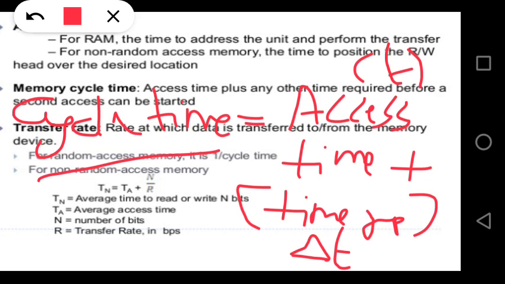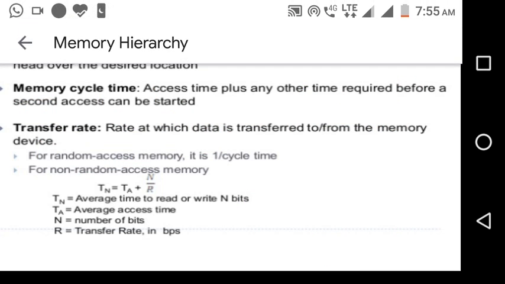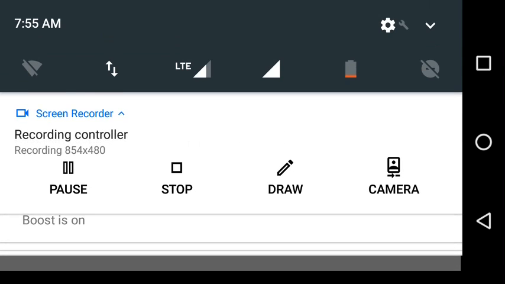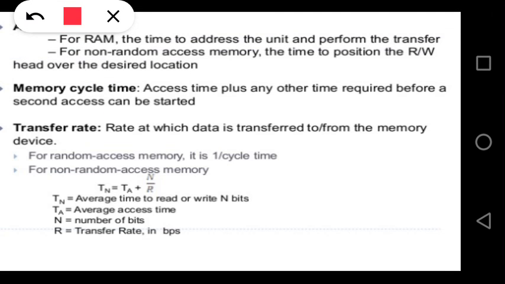And another important memory characteristic is the transfer rate. The data rate, called the transfer rate, is the rate at which data is transferred to and from the memory devices. So what is the meaning of the rate at which the data is transferred? Remember, whenever you deal with the word rate, it is related to time.